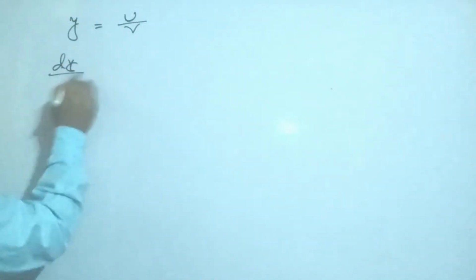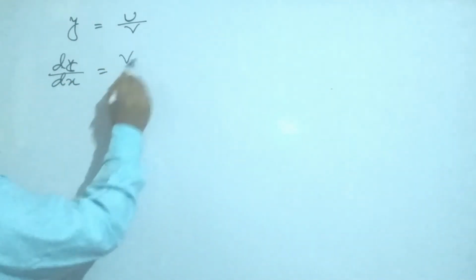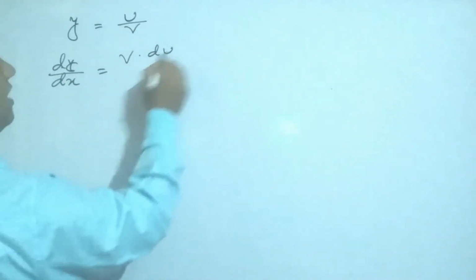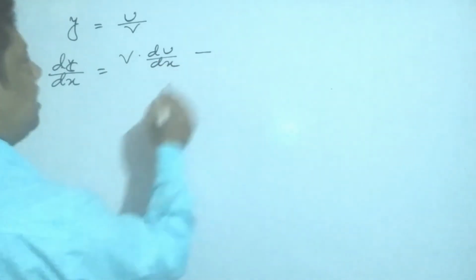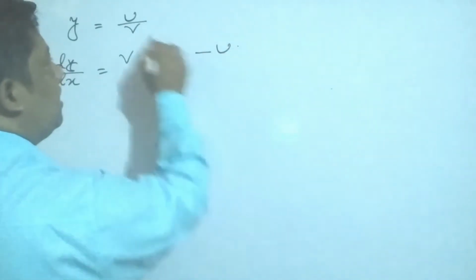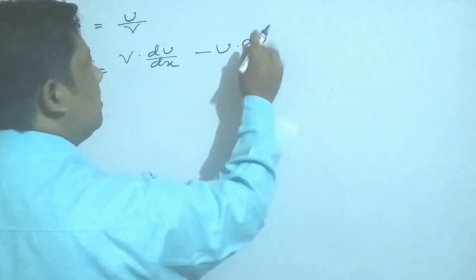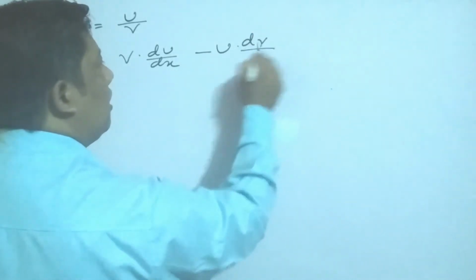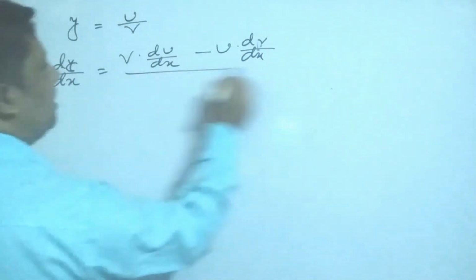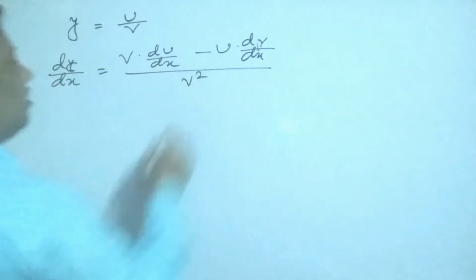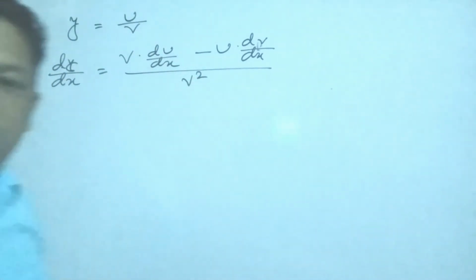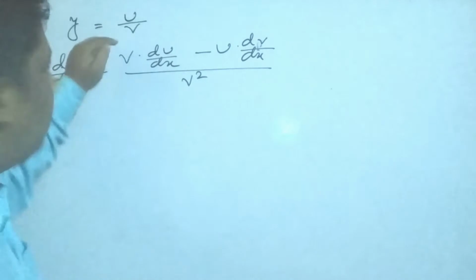In such cases, you use this: dy upon dx equals, the denominator you leave, and the second part you differentiate. Next, minus, the upper part you leave, the denominator you differentiate, upon the denominator squared. So using this you can find the questions which are in u upon v form.